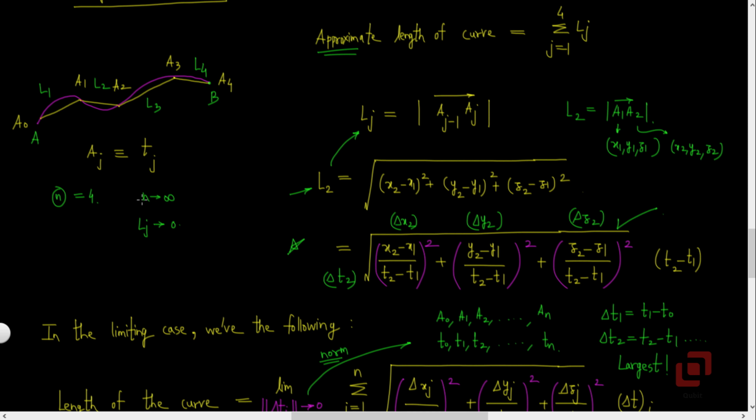As we discussed, if n tends to infinity and Lj, that is the length of each individual line segment, tends to 0, then the straight line seems to provide better and better approximation to the curved line. So we can say that in the limiting case, the distance between any two consecutive points can be said to be the elementary arc length ds. If we keep on adding the elementary arc lengths, ultimately we will get the length of the curve.